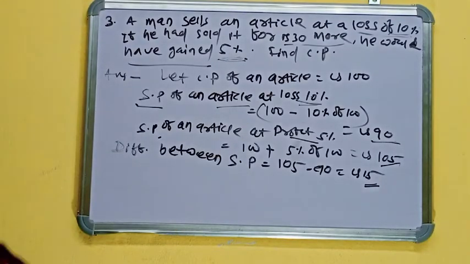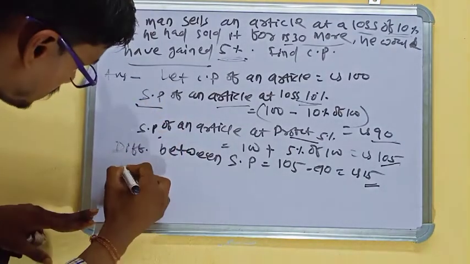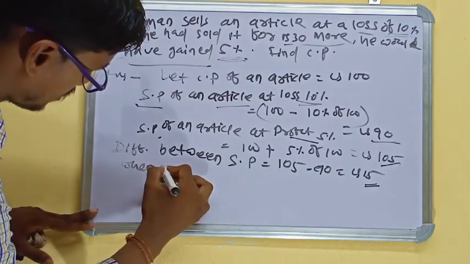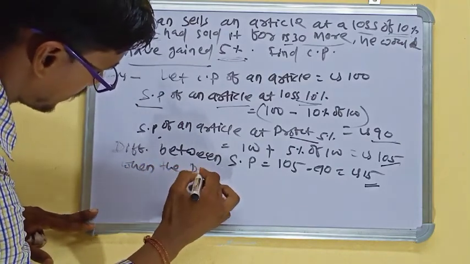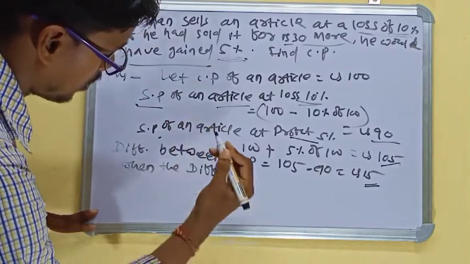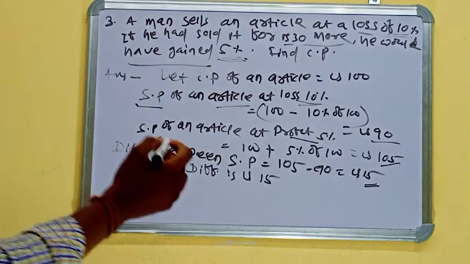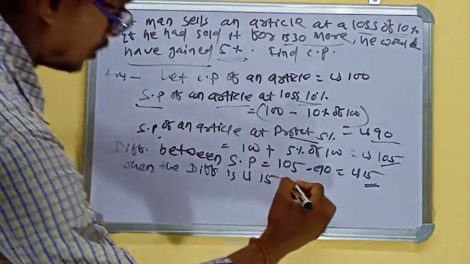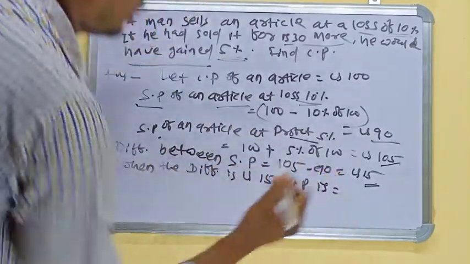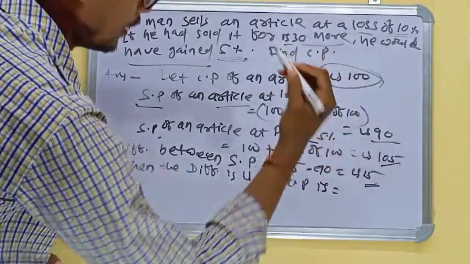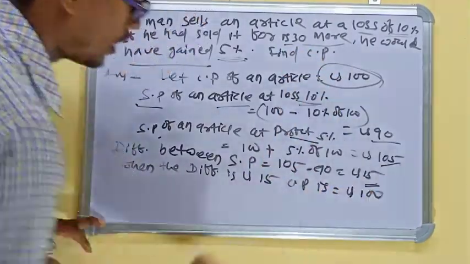When the difference is rupees 15, the CP is rupees 100.